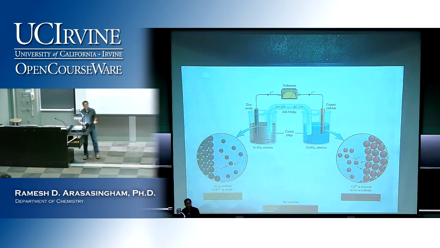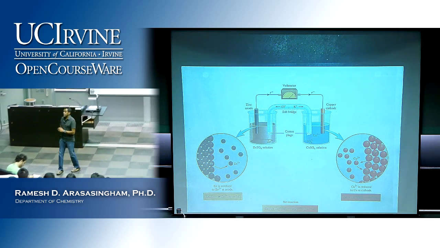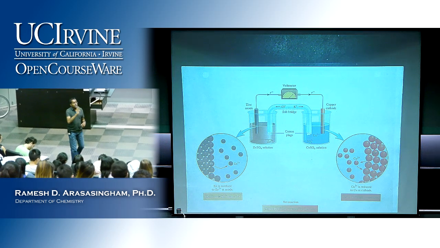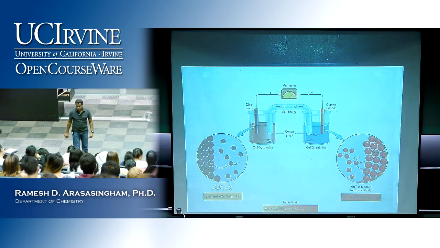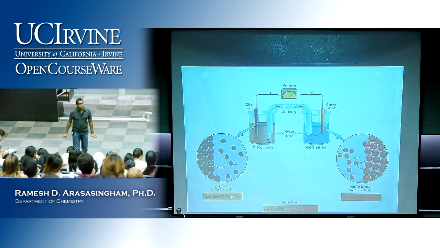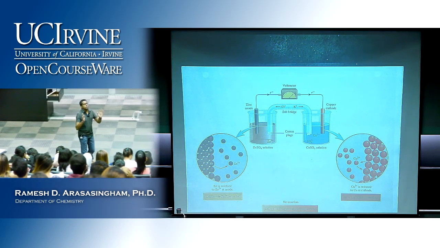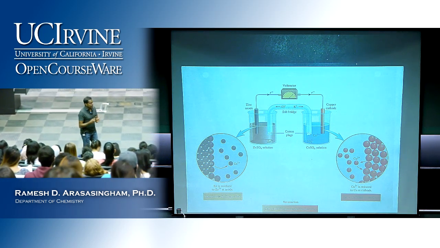And so overall, what we've done is we've completed the circuit. So there's a complete circuit so that now you can have electrons flowing from one side to the other. Got it? So this is, simply put, a very rudimentary battery. This is the idea behind batteries.